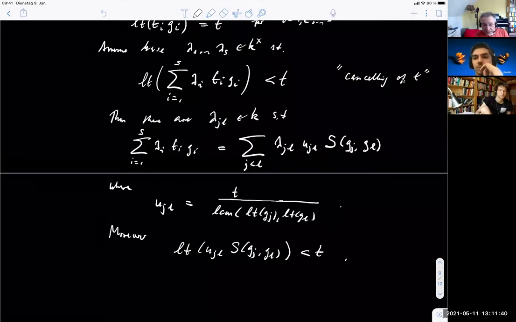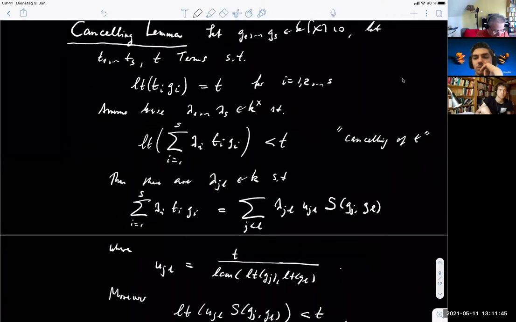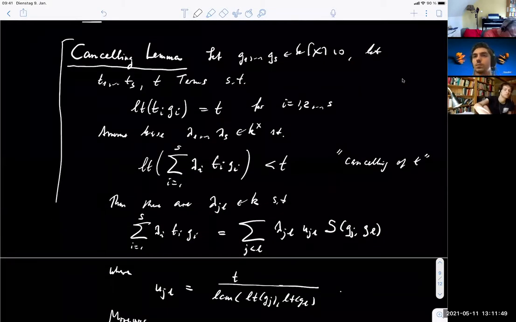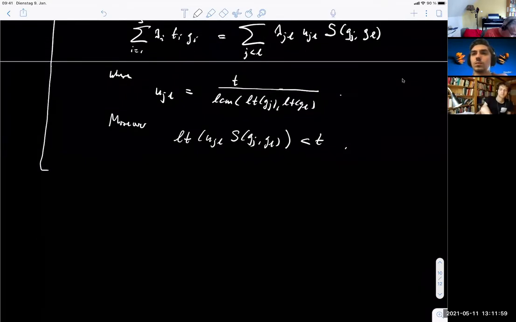So let's do something with this lemma and prove this canceling lemma on first day. Let's apply it. Then we have the following nice theorem.